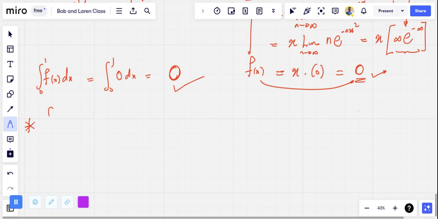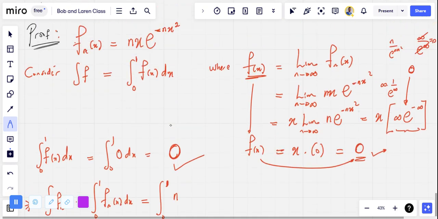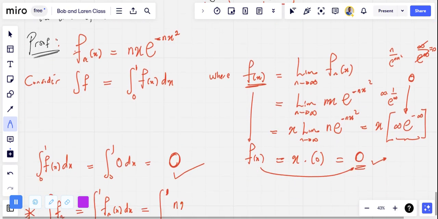And for the second part, whereby we have the integral of f_n, it can be written as the integral from 0 to 1 of f_n(x) dx. This is the normal way of writing it. My f_n(x) is just this expression here, n x e to the power of minus n x squared.